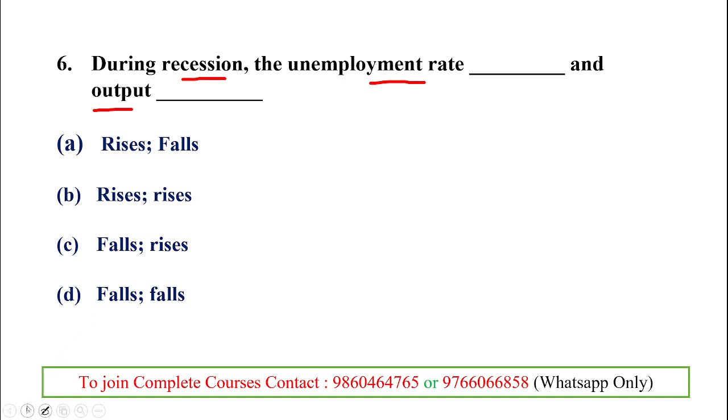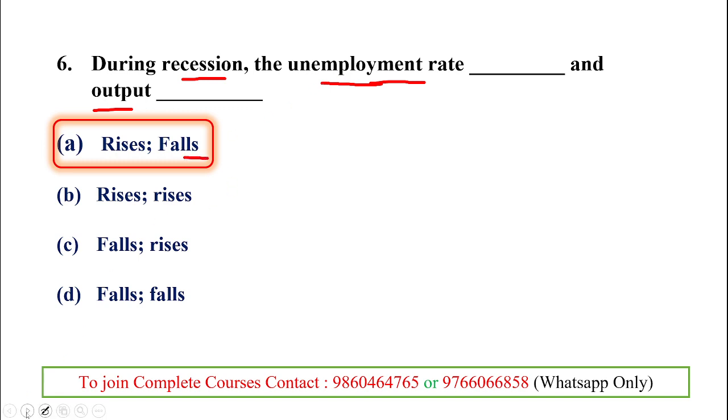So the answer is rises and falls. During the recession, unemployment rises and output falls, because low economic growth indicates low growth in the economy. So it causes the unemployment rate to rise and the output to fall.